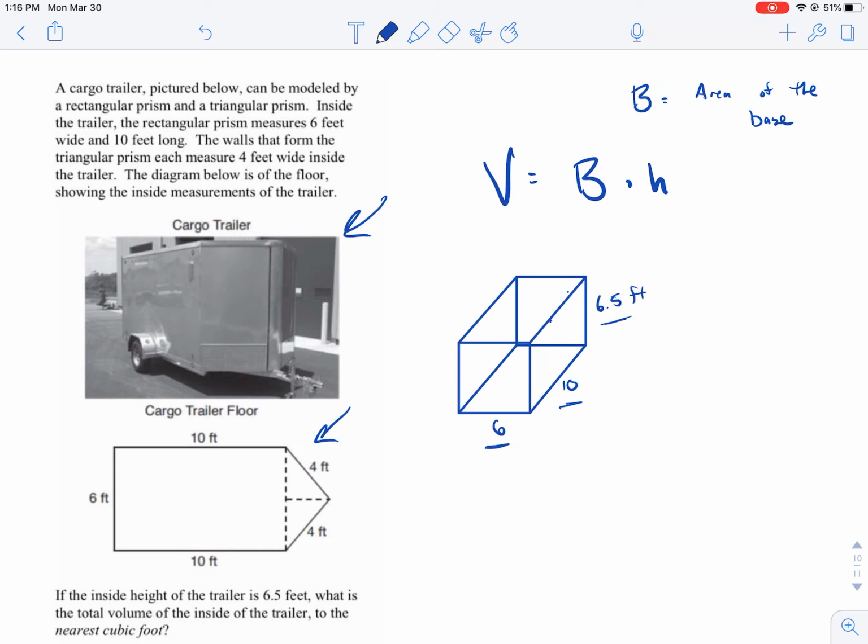Rectangular prisms are actually kind of nice because really all we're going to end up doing is multiplying these three numbers together. So the area of the base is really just 6 times 10, and then we multiply the height.